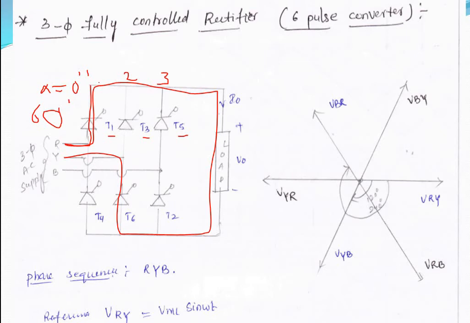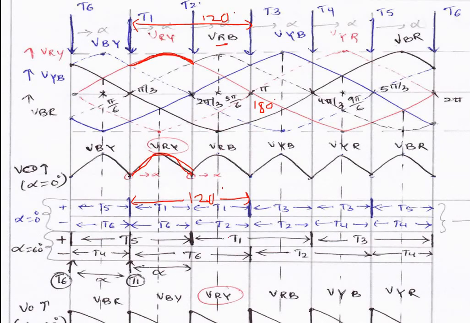So for 60 degrees it is connected to B phase, this is the more positive VRB, and the output appears as VRB.